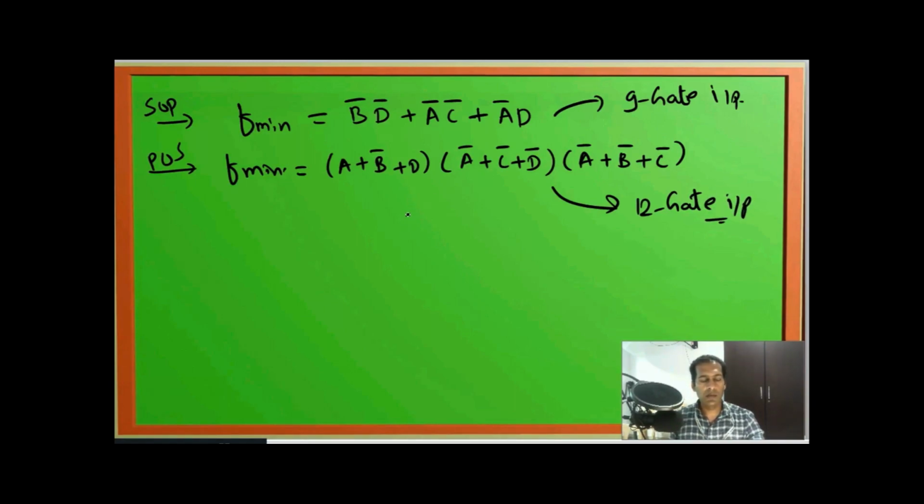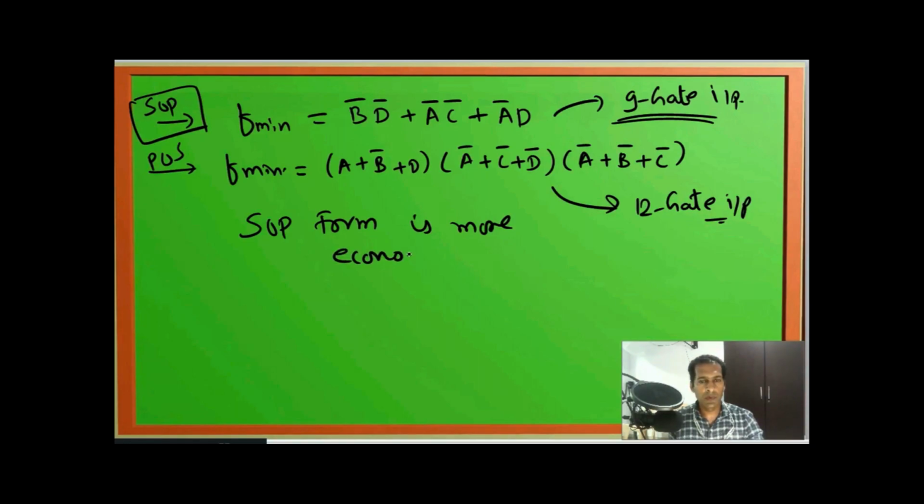So to realize, the better one which we can use is the SOP, because it requires 9 gate inputs. So the SOP form is more economical to realize. So out of these two, we will go with SOP.